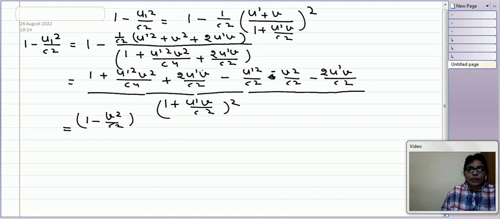So take this in one bracket, 1 minus v square by c square. Then this 2u dash v by c square is cancelled with this similar factor.